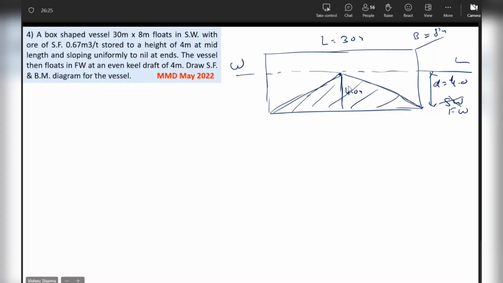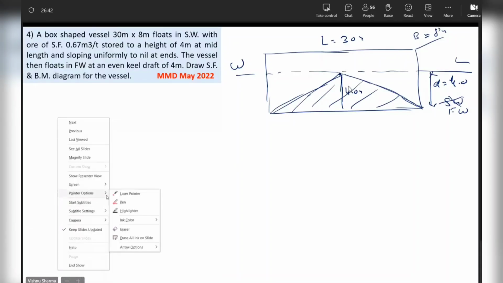Draw the SFBM diagram of the question. Guys, is the diagram clear or any questions on the diagram first before we start talking about the solution? Please read the question, and do you agree with the diagram based on whatever is given in the question? If you have anything to discuss on the diagram, please let me know.